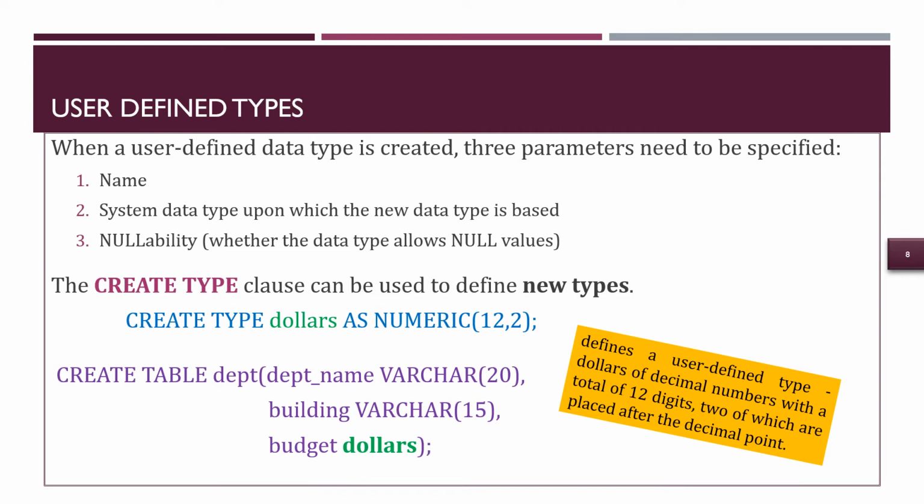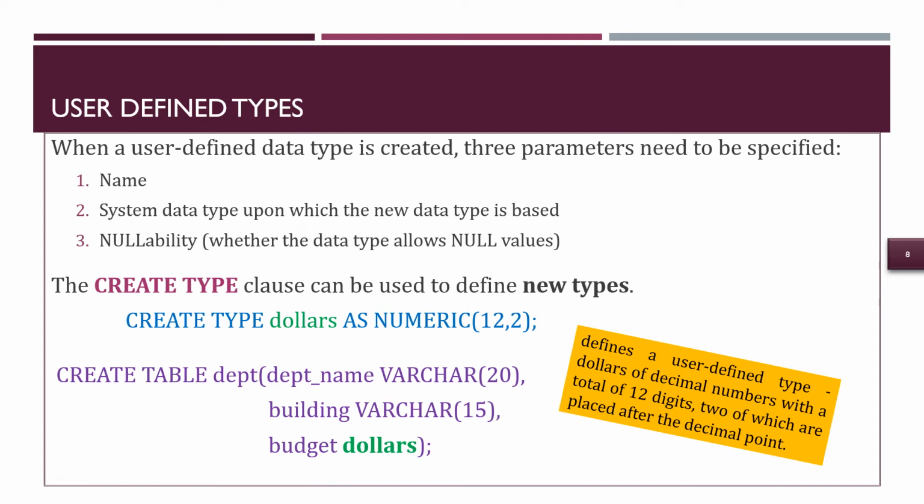The create type clause can be used for defining user-defined data types. The syntax is create type, the new data type name, as the system data type. An example: create type dollars as numeric(12,2).